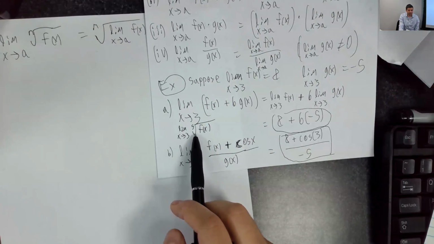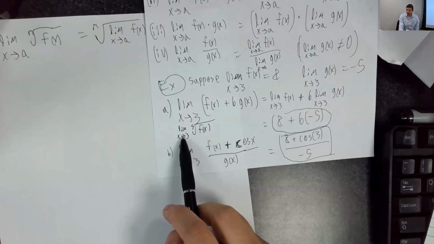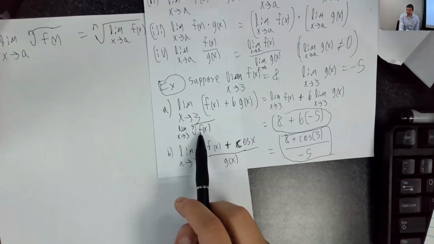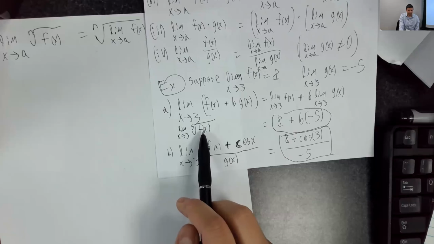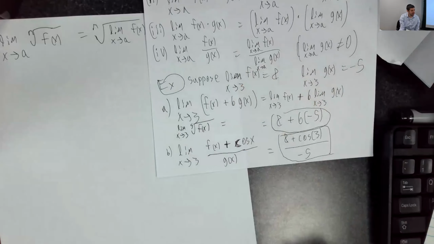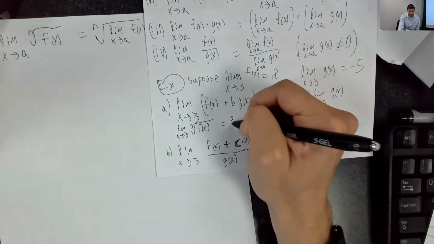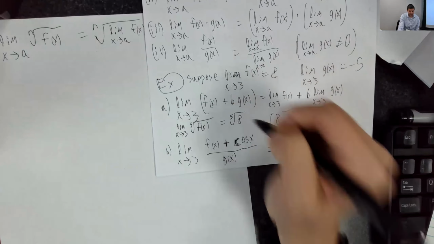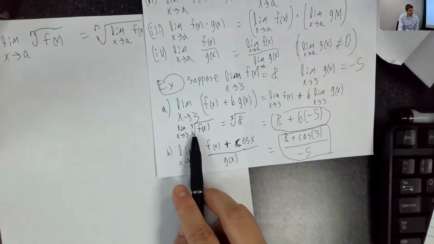It's a continuous type of operation. So I get to put the limit on the inside, meaning I get to replace f of x by what number? By 8. That's what it's saying. The final answer is what? Okay, the fifth root of 8. Just remember, don't forget the fifth root. Keep it there.